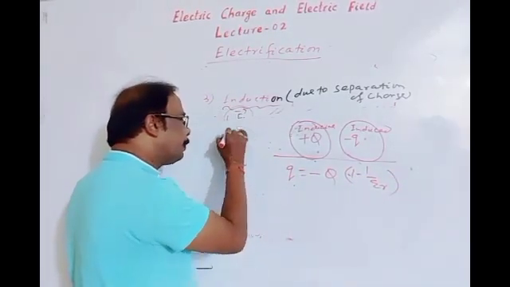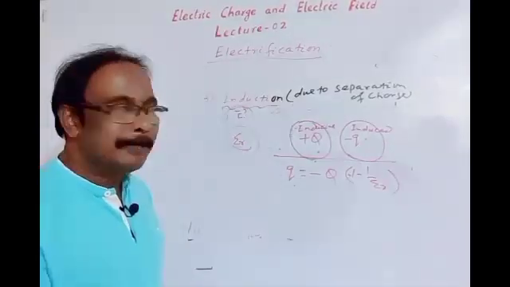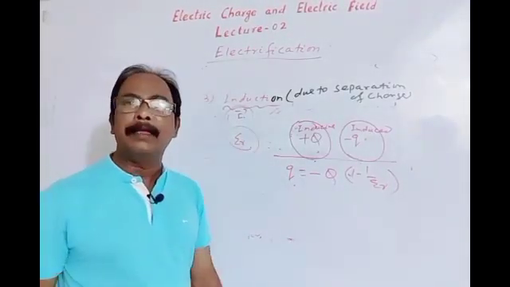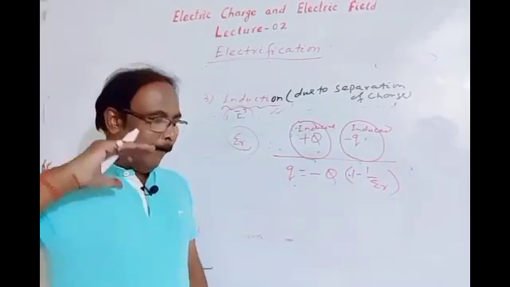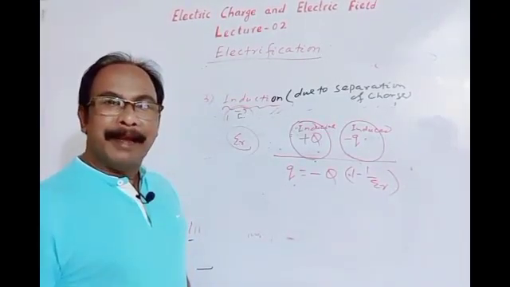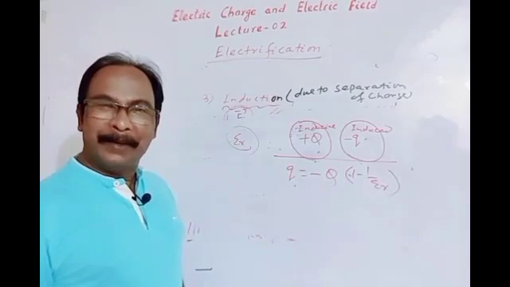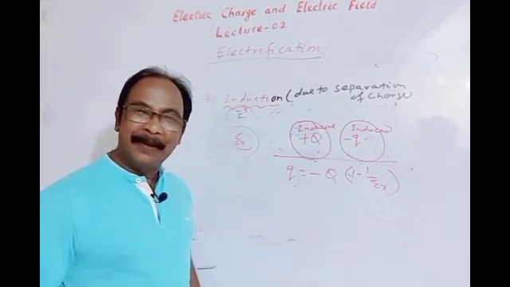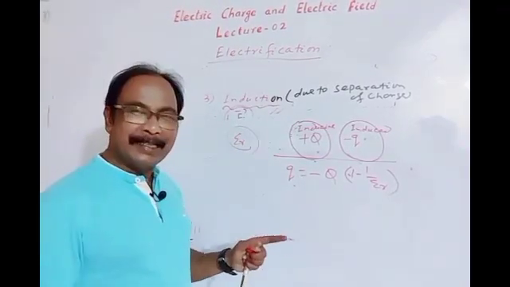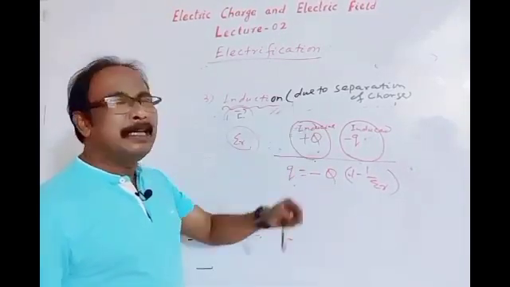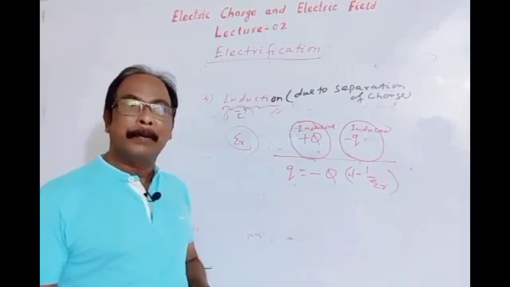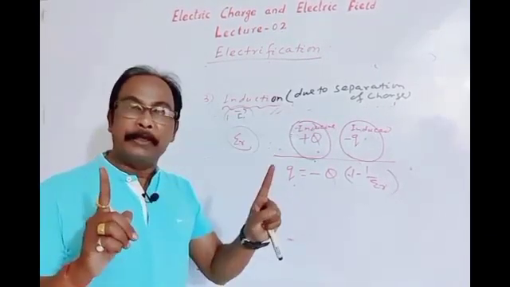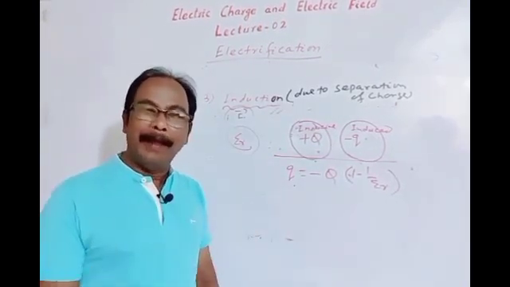About epsilon r, we study in next class, next lecture. Epsilon r is called relative permittivity or dielectric constant, again the property of the insulator, which determines the insulating property. We will discuss it. Induction is also described on the basis of electrostatic polarization of dielectric medium.